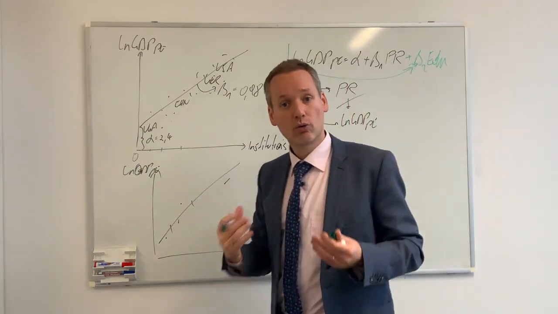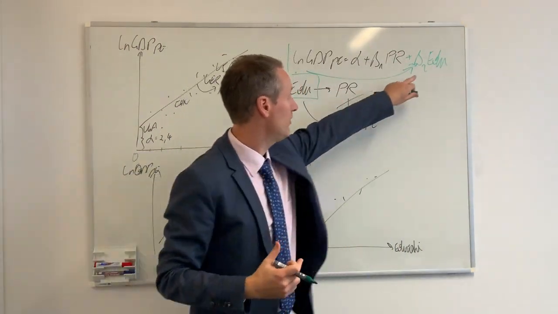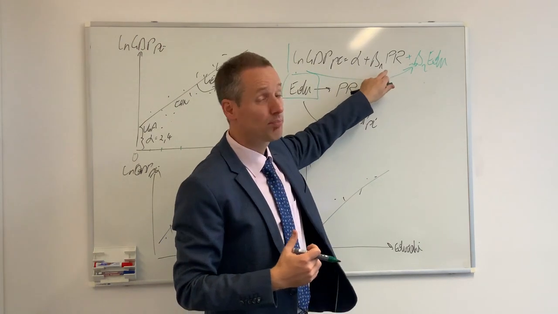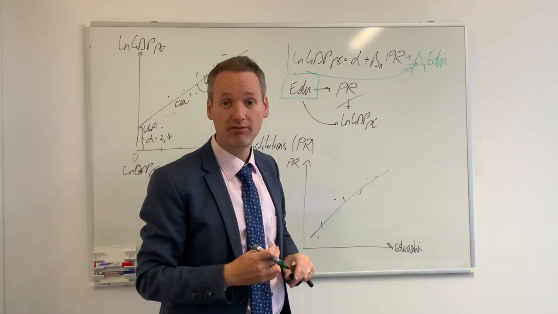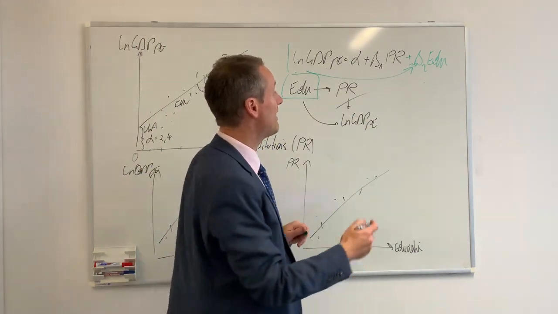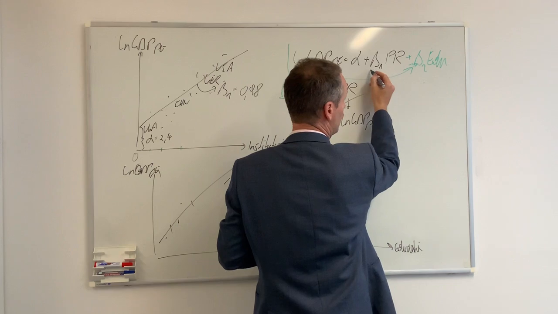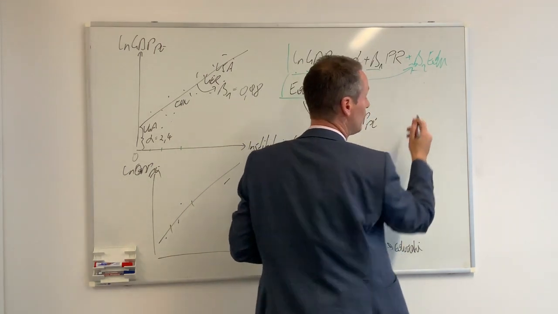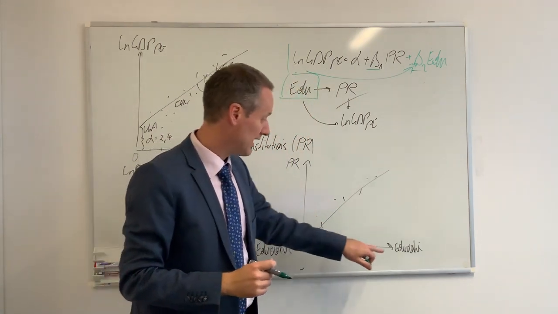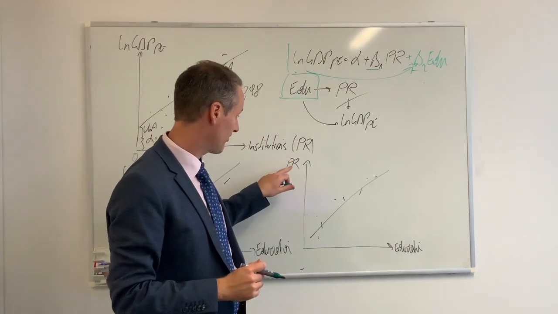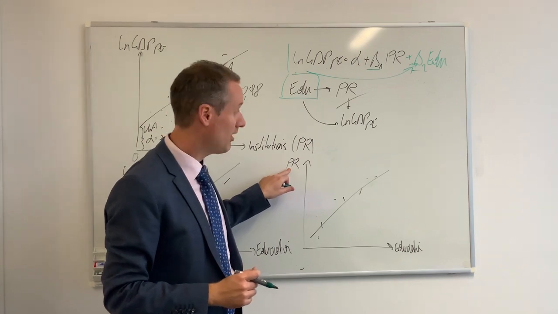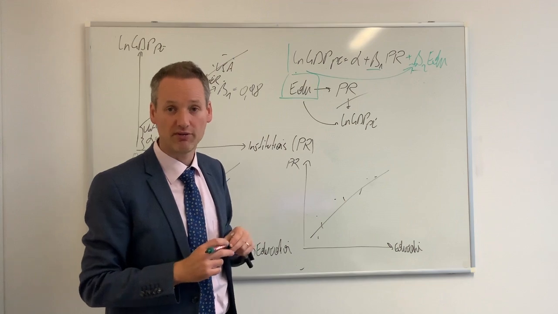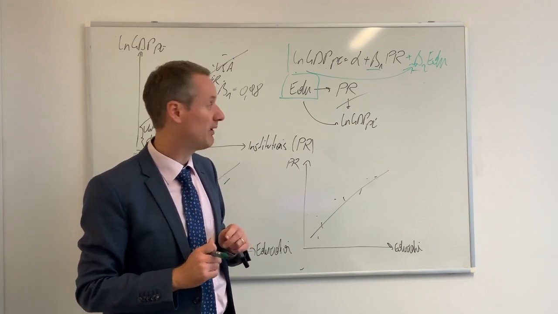Okay, so I control for the fact that education may have positive influence on ln GDP, that property rights may have positive influence on ln GDP, and actually that what is captured here by B1 may then actually be captured by B2 if it is the case that education only influences property rights, but property rights themselves do not have a positive influence on GDP per capita.